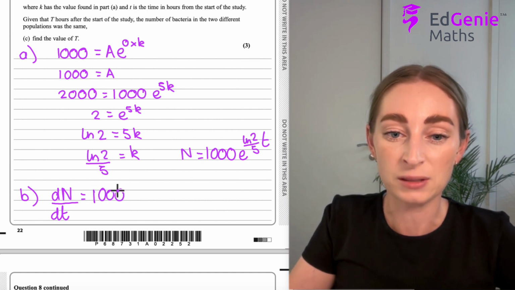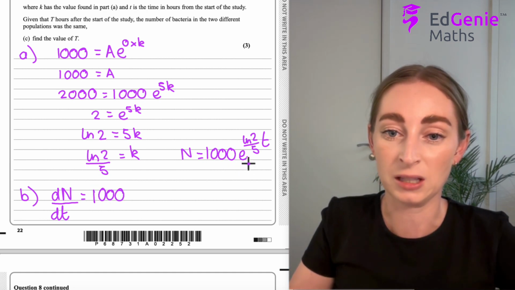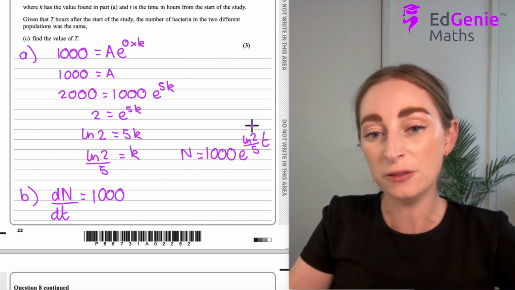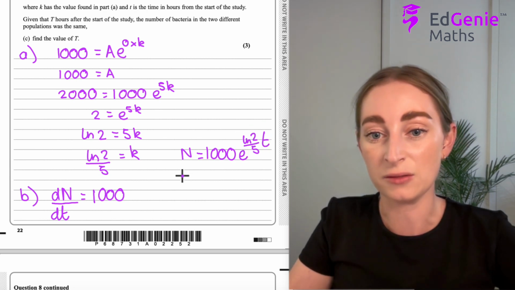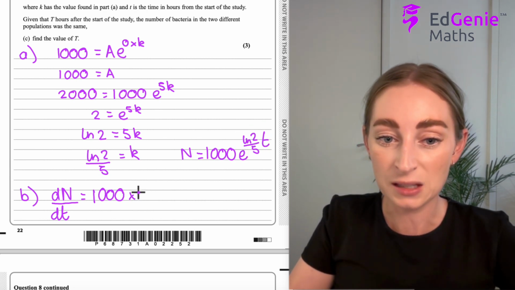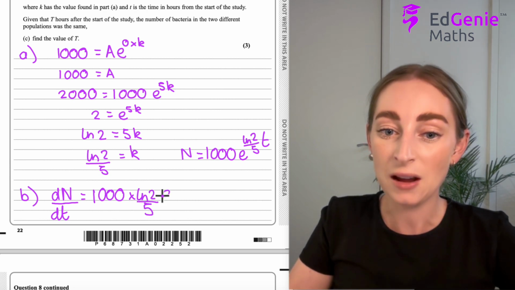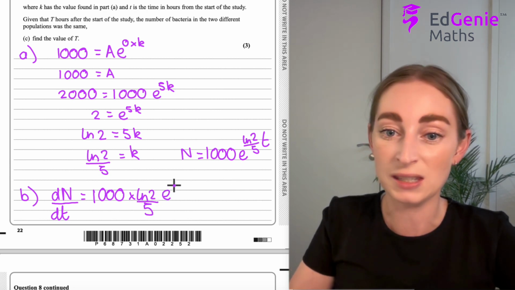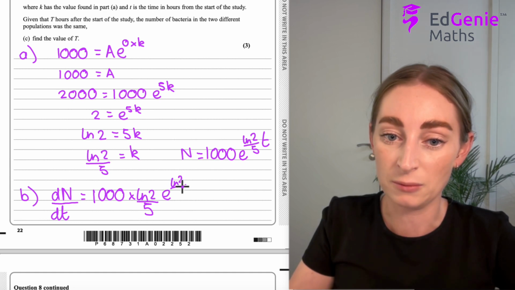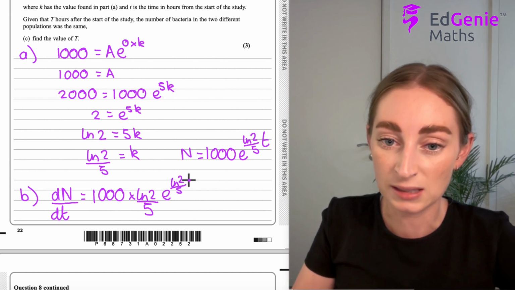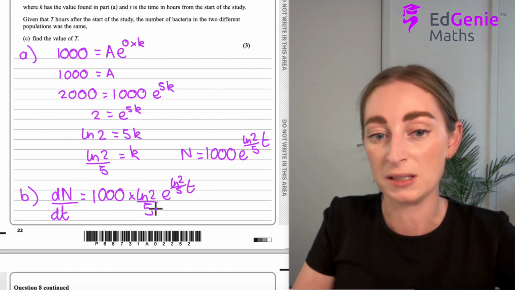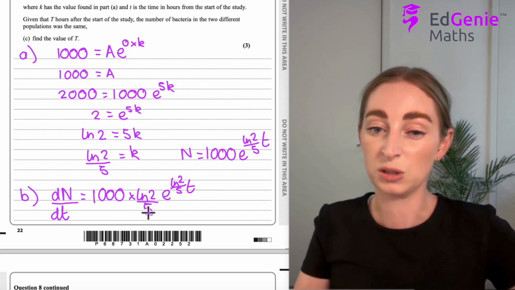It's going to be 1000, that's just a constant, I'm going to keep it like that. Then you differentiate the function inside of the exponential. So that's going to be ln 2 all over 5 times by, and then it's just the exponential. Remember, when you differentiate the exponential, it stays the same. We only multiplied it by ln 2 over 5 because we're doing the chain rule.